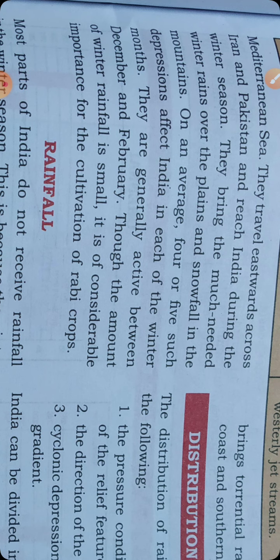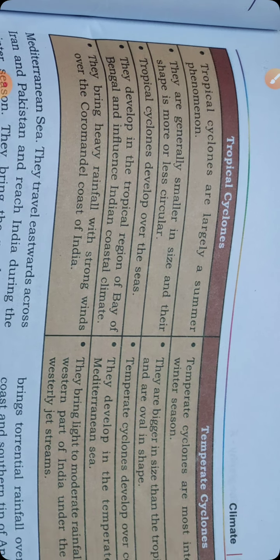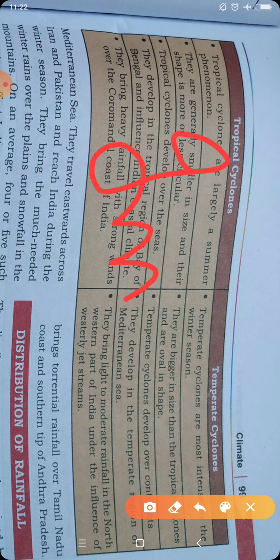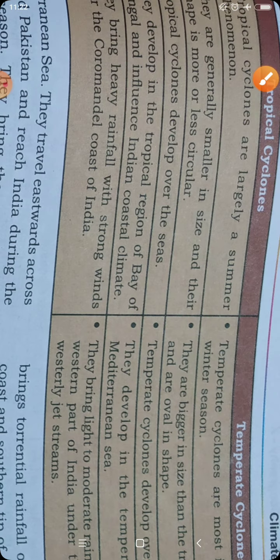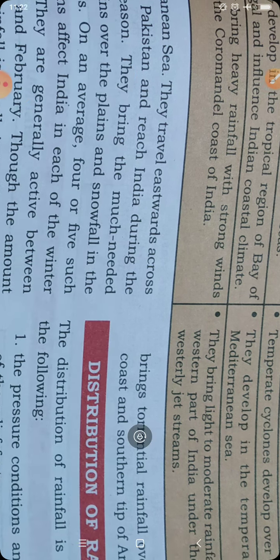Though the amount of winter rainfall is small, it is of considerable importance for the cultivation of the rabi crop. And in between, I have here tropical cyclone and temperate cyclone. Distinguish between them, this is important, so you can learn them. Got it? Note down in your notebook and please learn the difference between tropical cyclone and temperate cyclone.